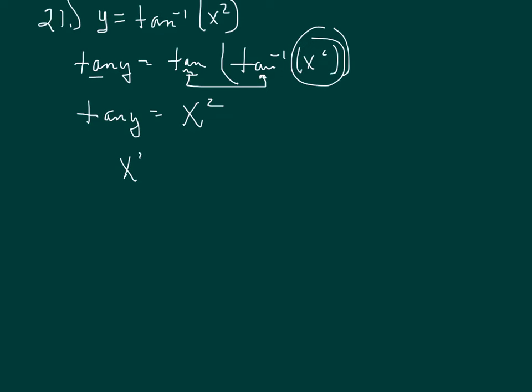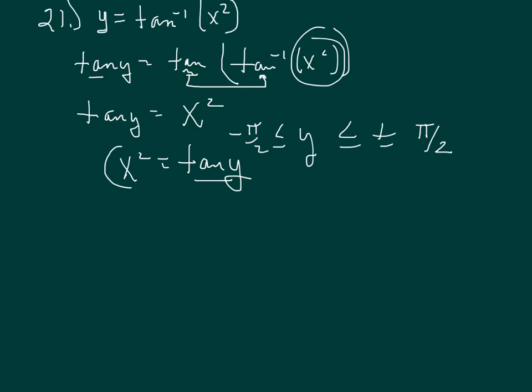So I have x squared is equal to the tangent of y. Y, since it's the tangent of y, must lie between minus pi halves and plus pi halves.